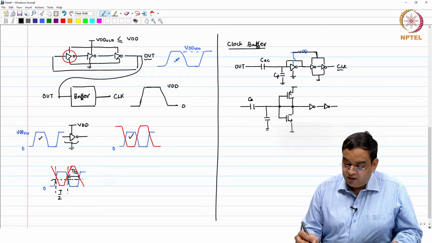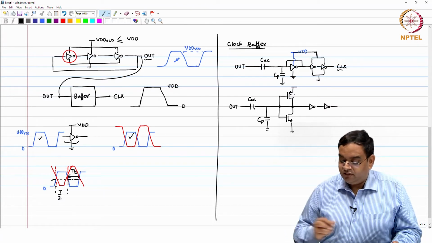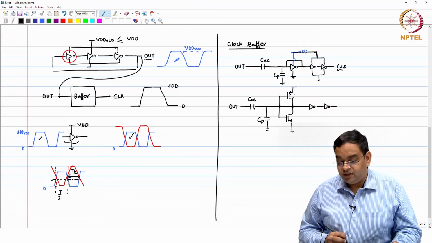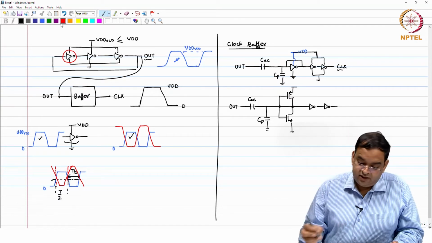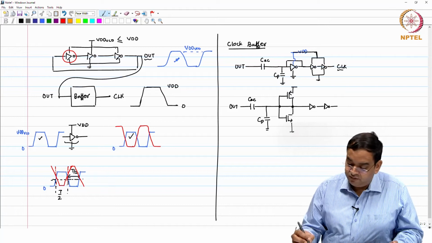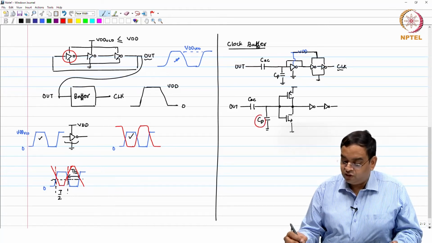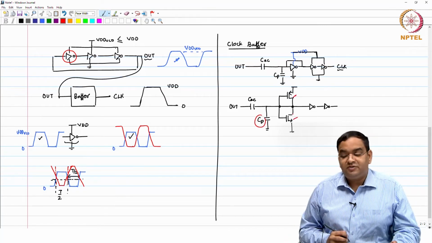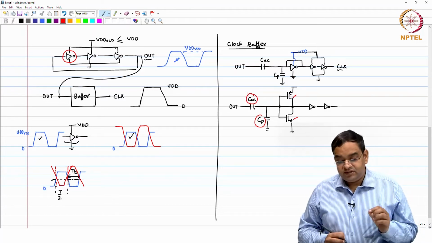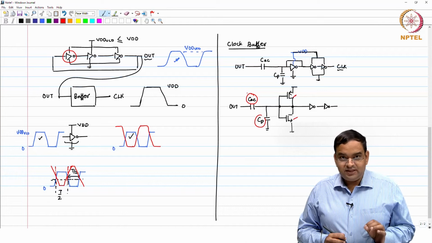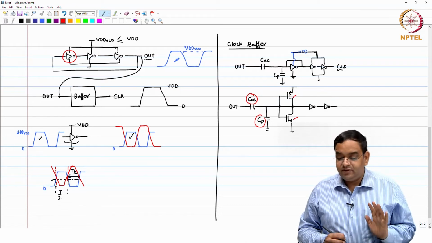Okay. Now, this is your out and this is your signal. So, you can model this. Now, Cp is the capacitor which will come on its own because of these MOSFETs, PMOS and NMOS. You need to decide on the value of CAC such that your output frequency is buffered.